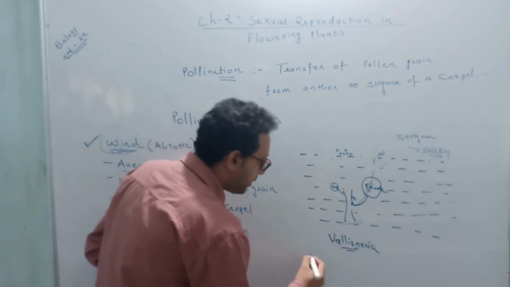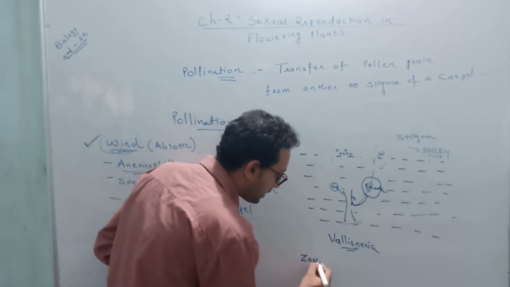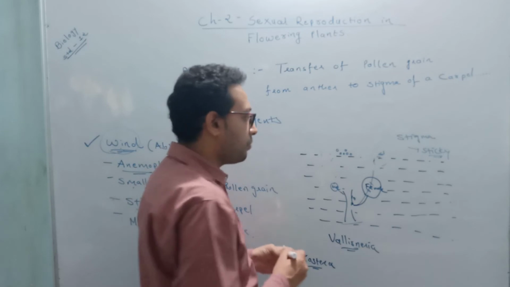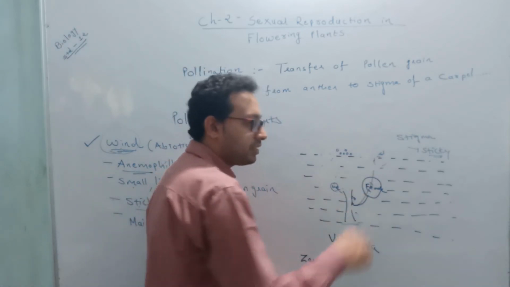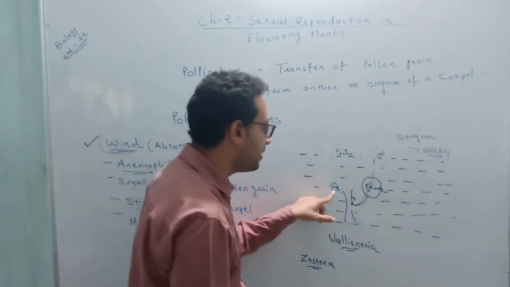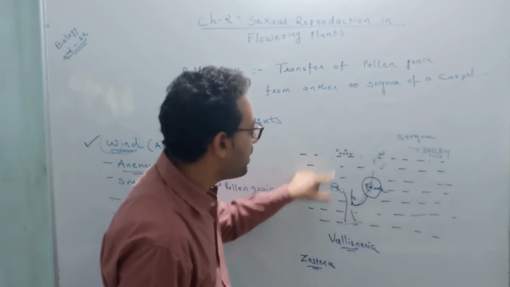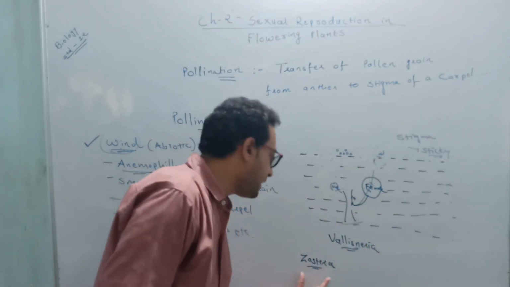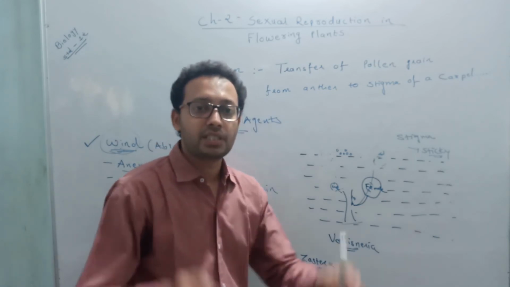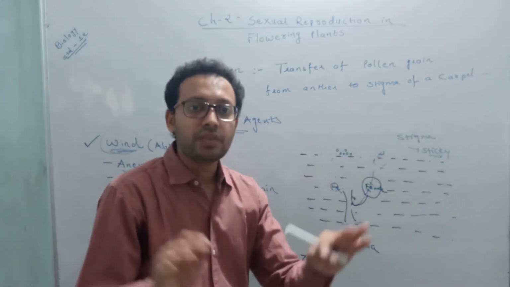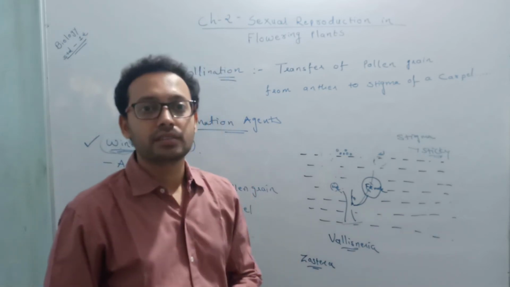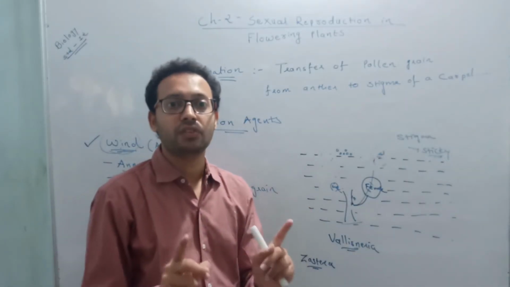Now, how does it occur in Zostera? In Zostera, both the flowers remain submerged in the water. In Vallisneria the flowers come to the surface; male and female flowers come on the surface of the water. But in the case of Zostera, the flowers remain submerged within the water and the pollen grain is released in the water, not on the surface of the water.